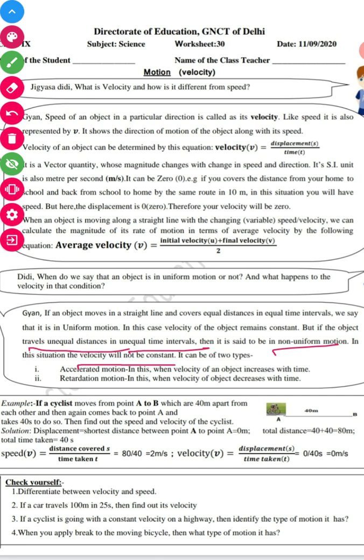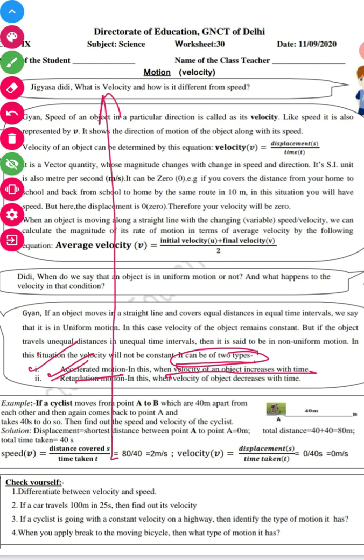So we have two types of motion. First, accelerated motion: when the velocity of an object increases continuously with increasing time, it is said to be an accelerated object, or acceleration.